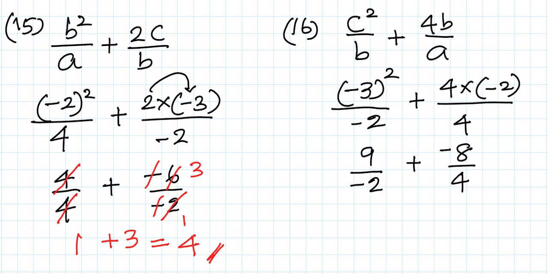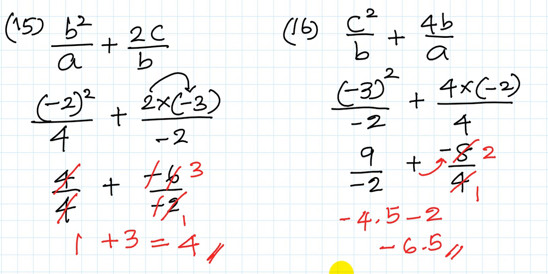So as you can see, if I simplify this value into decimal, here I get 4.5, that is minus, and when I simplify here I get 4 divided by 4 is 1, 8 divided by 4 is 2. So again plus into minus, so I must multiply the operators and get the final operator, that is plus into minus is minus 2. So my final answer is minus 4.5 minus 2, which is equal to minus 6.5. So I have completed the first 16 questions under exercise 8.